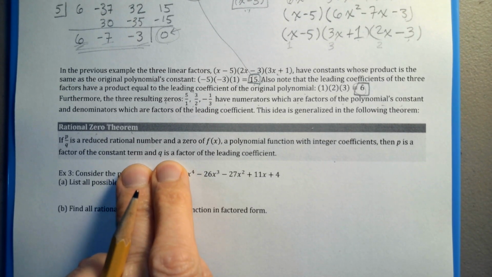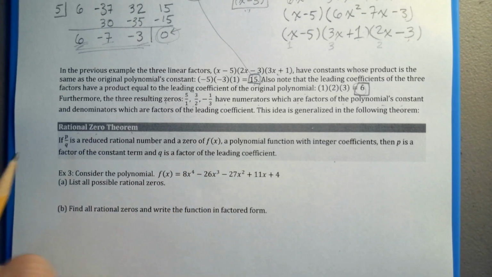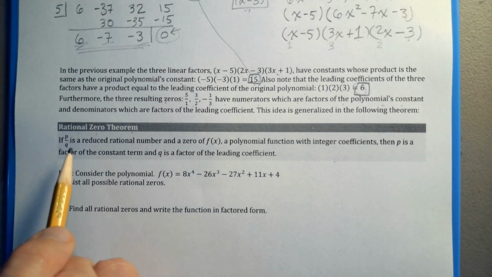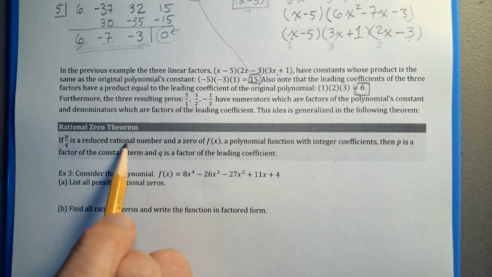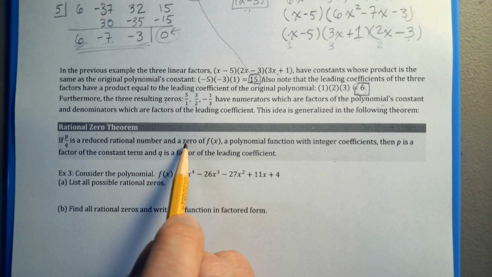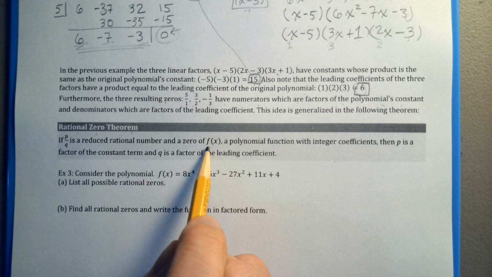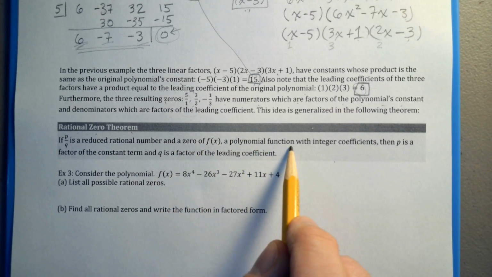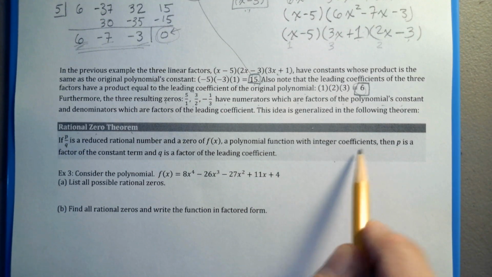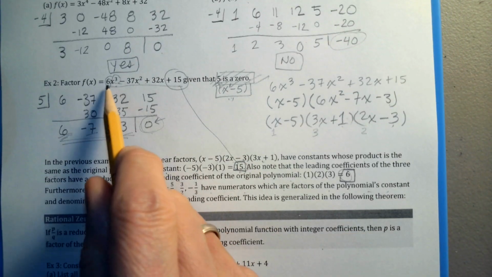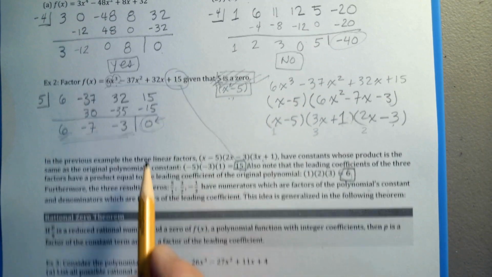So the rational zeros theorem. If I have a particular fraction and it's reduced, and it is a zero of our polynomial function with integer coefficients, so that means we have to have integers, no square roots and things in there.